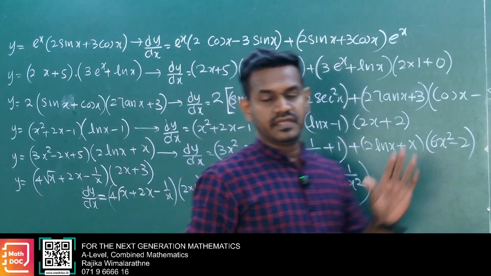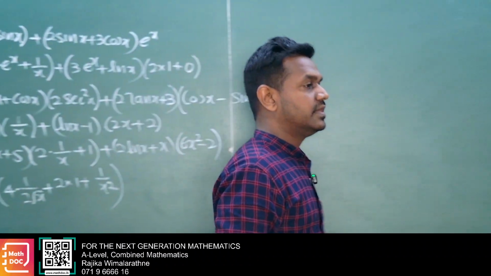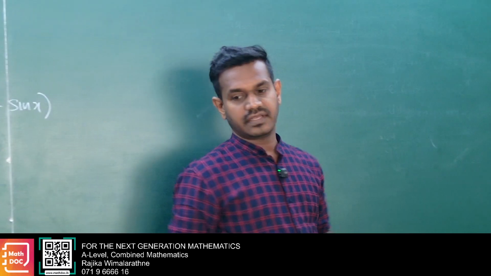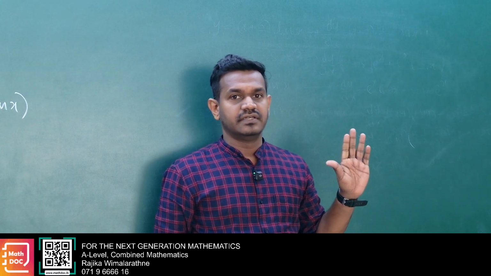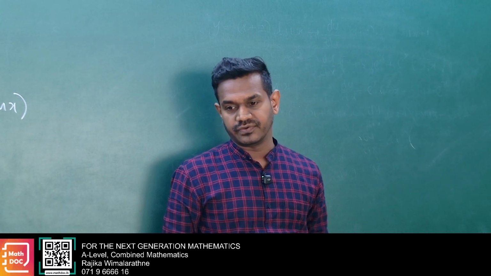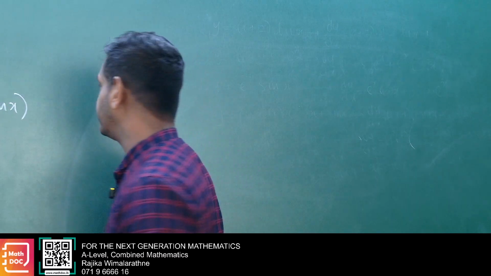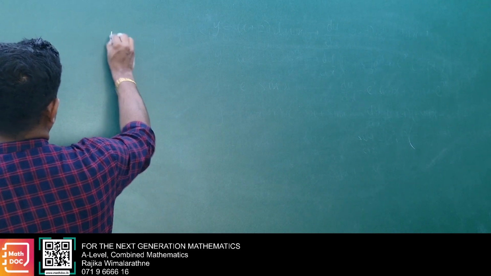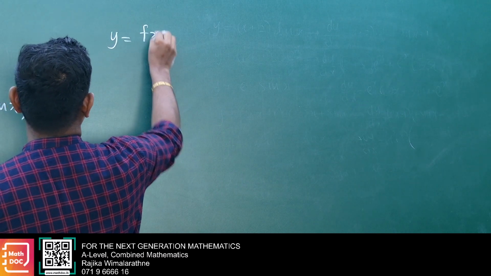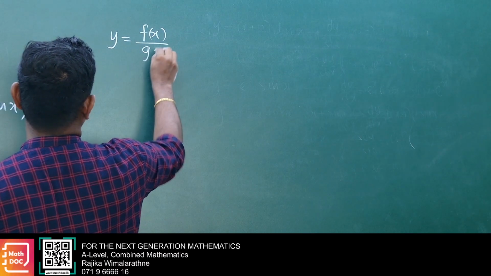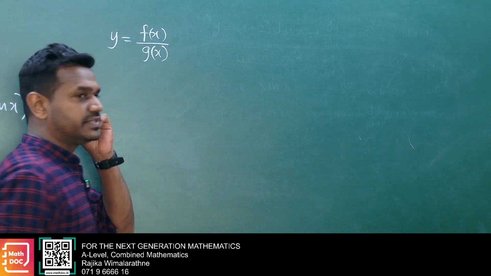Okay. Then we have another relation, that means division. Division we call the quotient rule. Consider the function y equal f x divided by g x, a division of two functions.